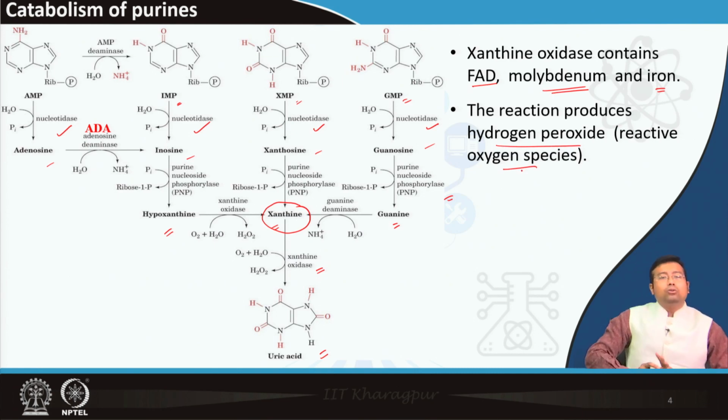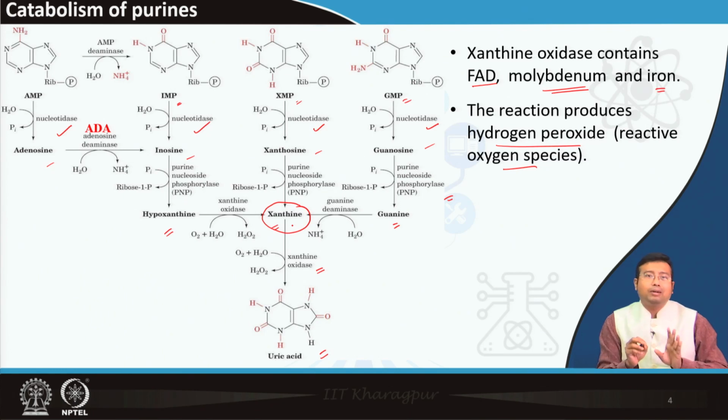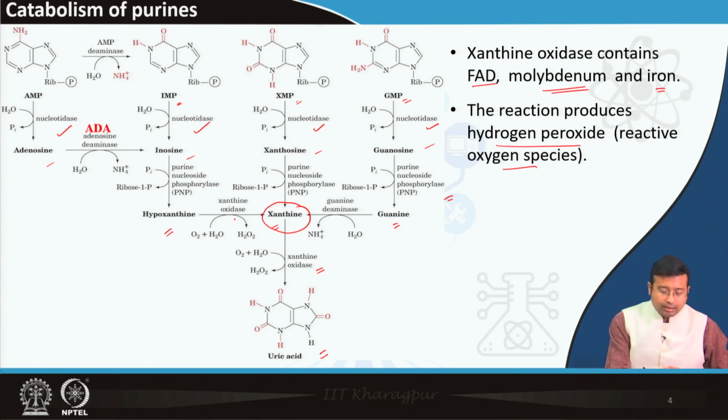What else do we need to observe or remember from this chart? Xanthine oxidase acts not only once but also twice. You can see the hypoxanthine to xanthine conversion also occurs by the same enzyme, xanthine oxidase. This reaction also produces hydrogen peroxide.